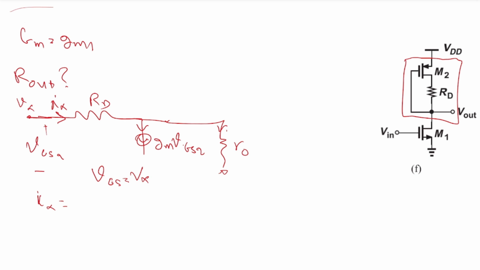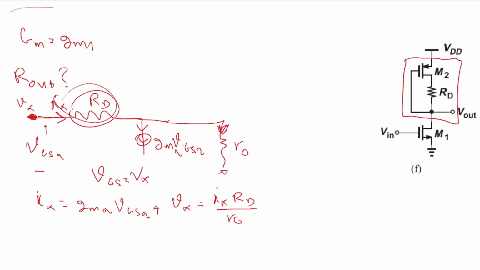So Ix is GM2 VGS2 plus the current through RO2, which is Vx minus the voltage drop Ix RD, over RO2.